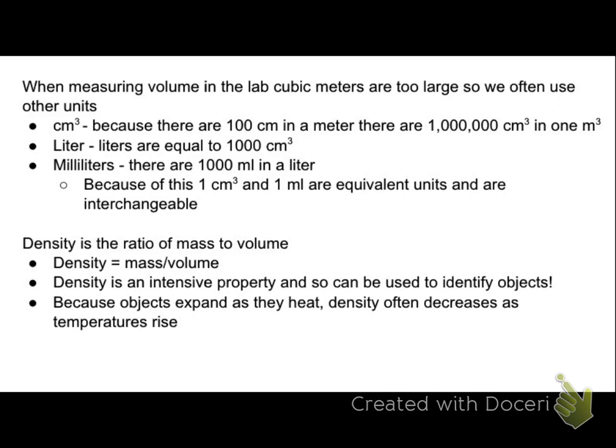But you'll need to also note what temperature you measured the density at, because changing the temperature can cause objects to expand and contract, which means their volumes could be different at different temperatures. And because density is equal to mass divided by volume, if you change the volume of the matter, you're also going to change its density. So you have to note what temperature you're measuring density at.